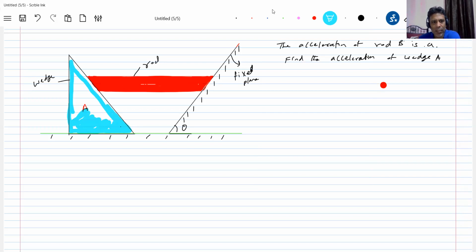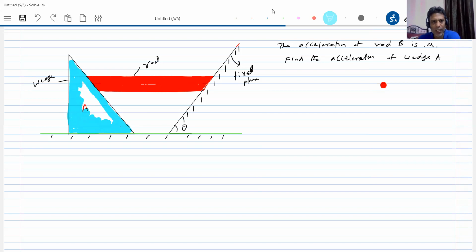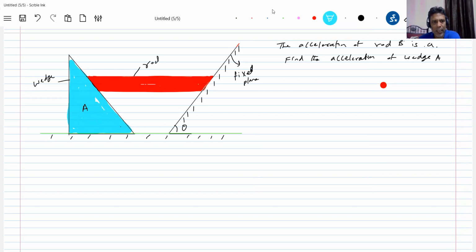Of course, he has not given masses, so it is all about the constraint equation. Try to make observations. The way he asks questions, you have to be really careful. So don't assume some masses yourself.